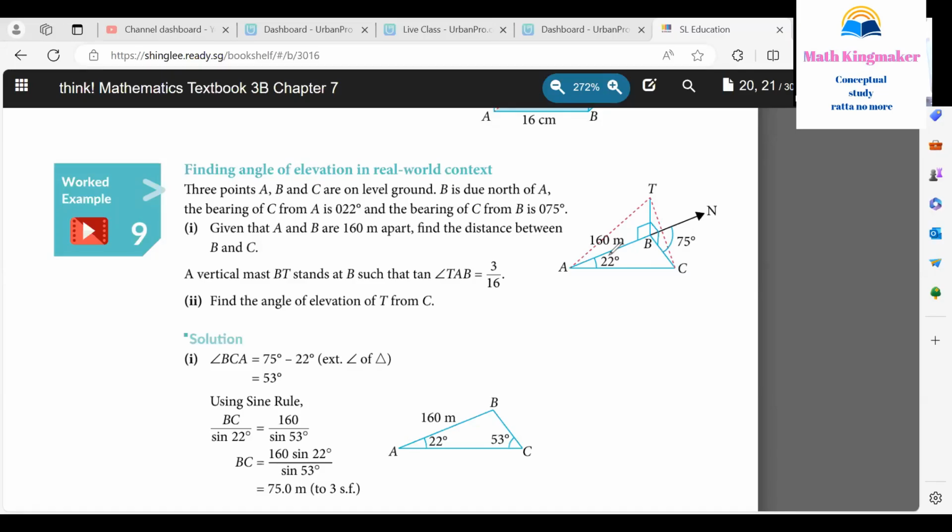So 180 minus 75, because the bearing of B from C is 75, so 180 minus 75. Yeah, it is 105. So this angle is 105. Now you can calculate this angle. Afterwards, you can use the sine rule.